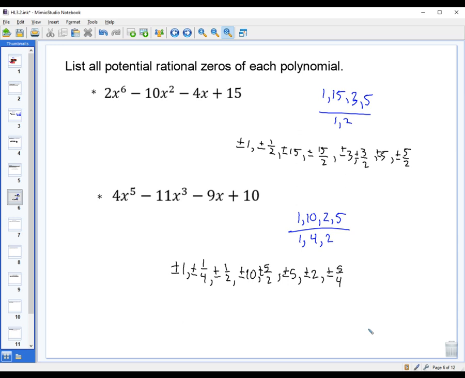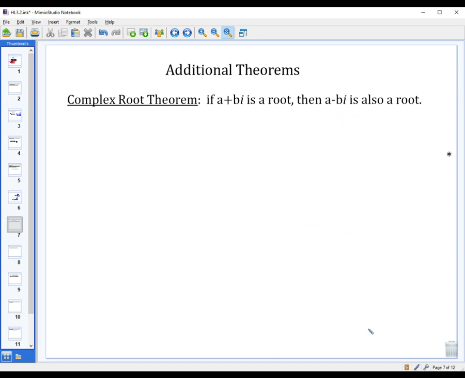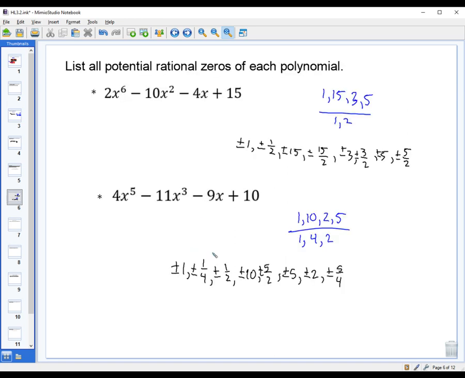Now, why are the potential zeros worth finding? Because when we take the potential zeros, these are the only numbers we have to try to see if it is a factor. So if we plug in a 1 and this ends up giving us a 0, then we would know that x minus 1 would be a factor.